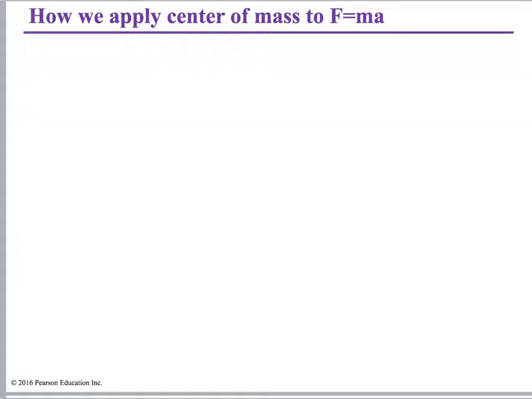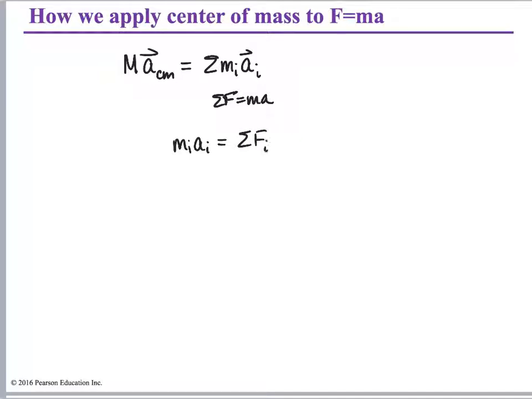We can take that one step further and ask, what about the mass times acceleration of the center of mass? Well, that's just the summation of each mass times its individual acceleration. Now, we know F equals ma, so for each m sub i, a sub i, there are two kinds of forces that might act on it. We're looking at all the forces acting on one individual object.